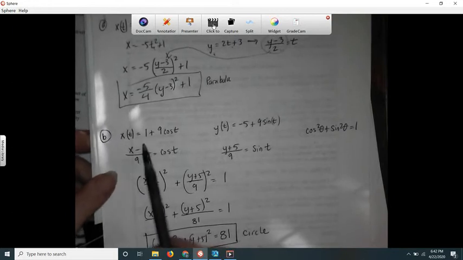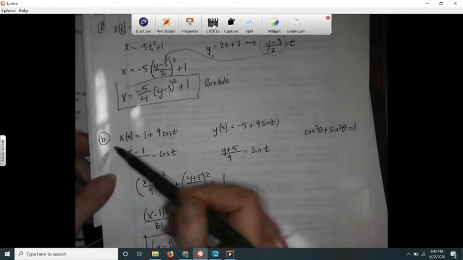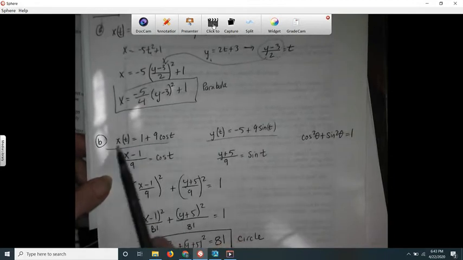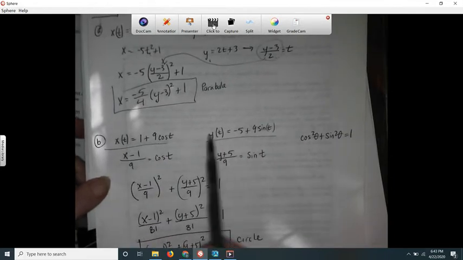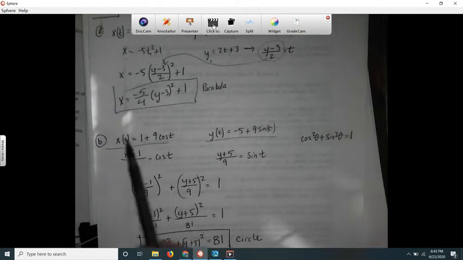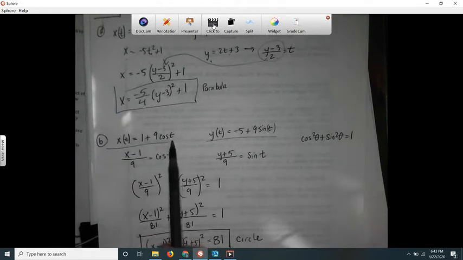And then letter B, they have it in parametric form. There's the x component and the y component. So what I do is eliminate the parameter. But how can I get the t by itself, right?